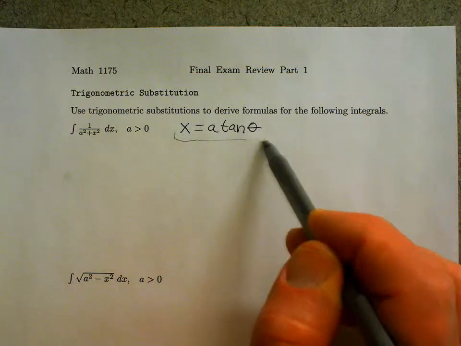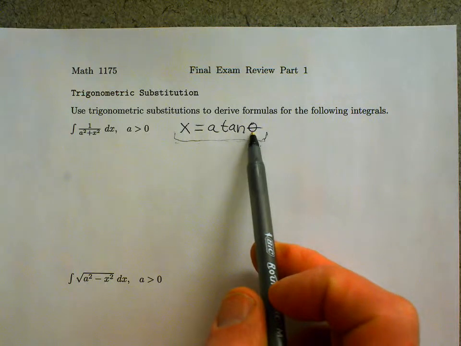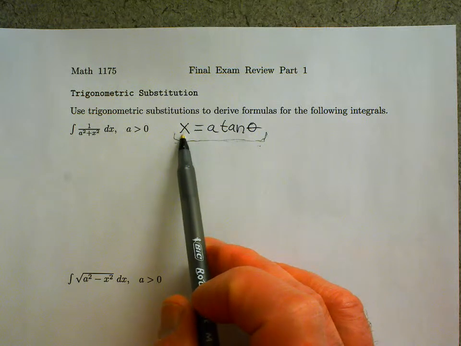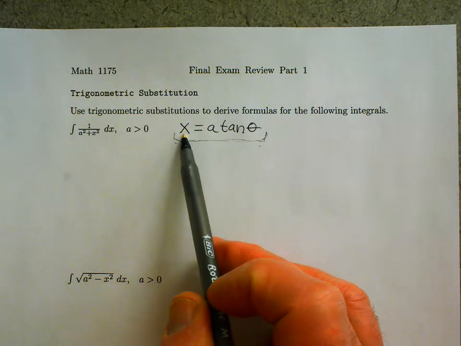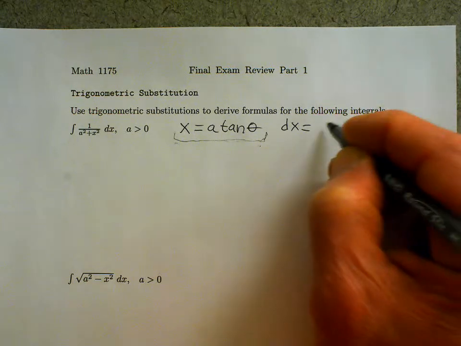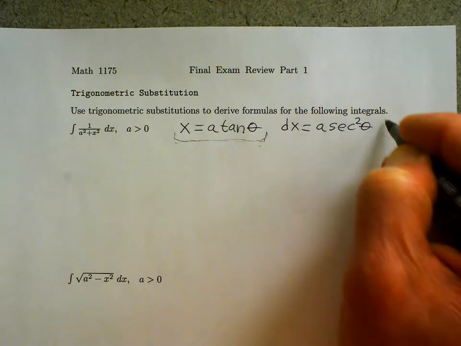When you make this trig substitution, make sure the variable you pick for the trig function is different than the variable that you're setting it equal to. Okay, so if x equals a times tangent of theta, dx is equal to a times secant of theta squared d theta.